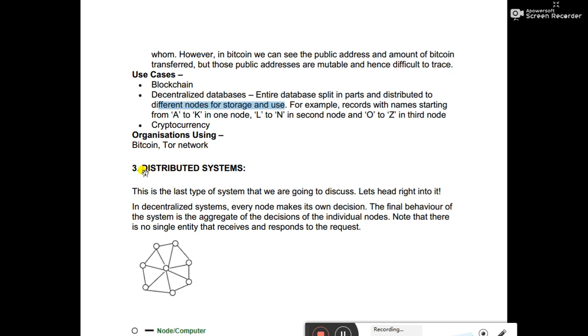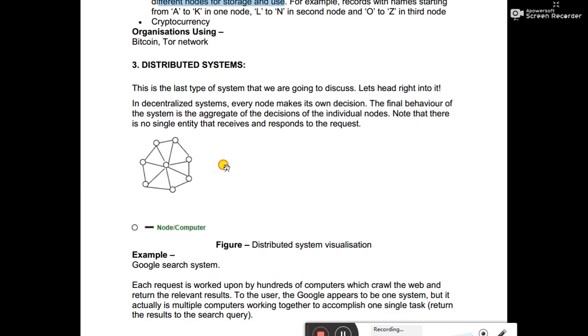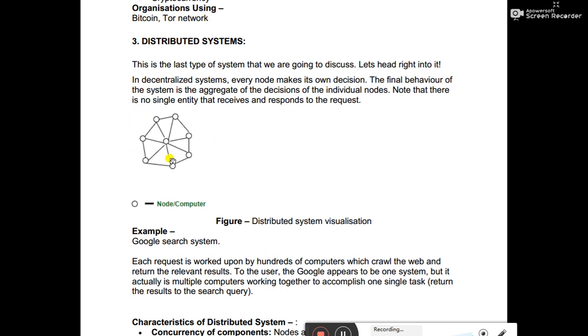Again, the third one is distributed information system. Here there is nothing called a server. Every node is interconnected and every node can serve their purpose for each other.